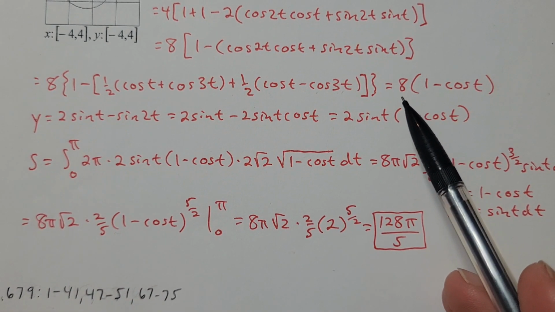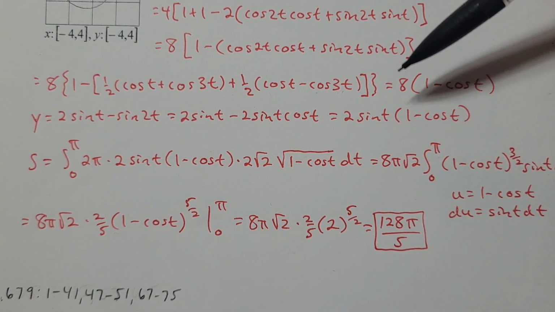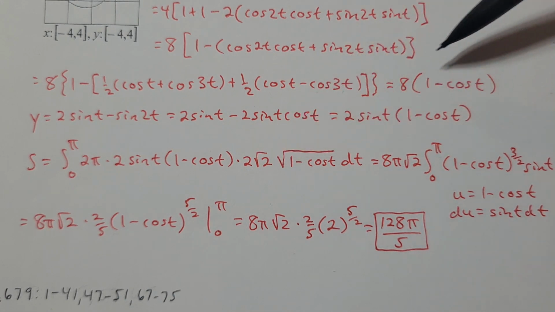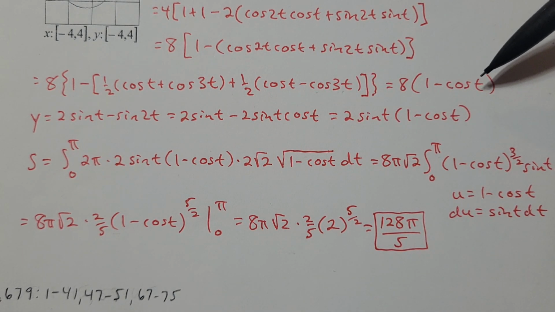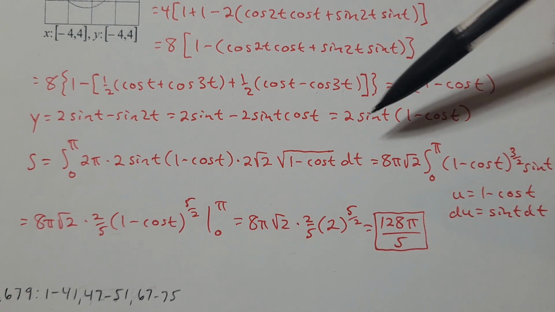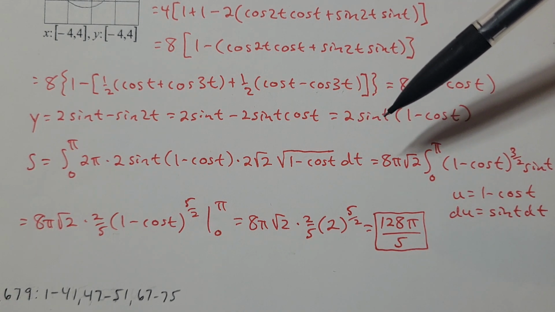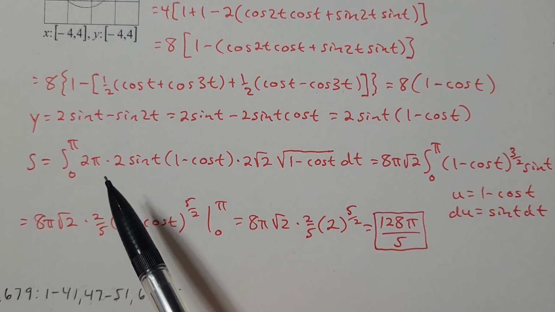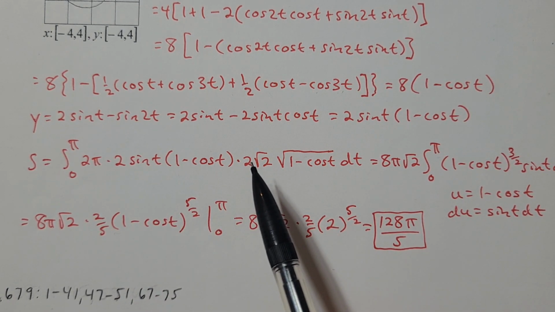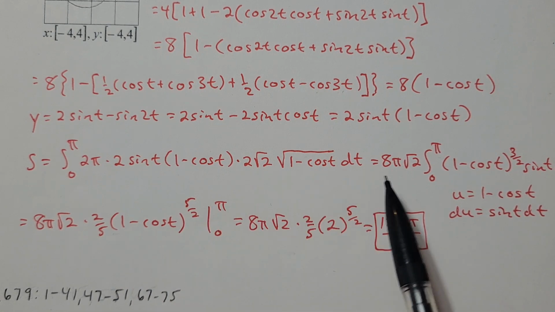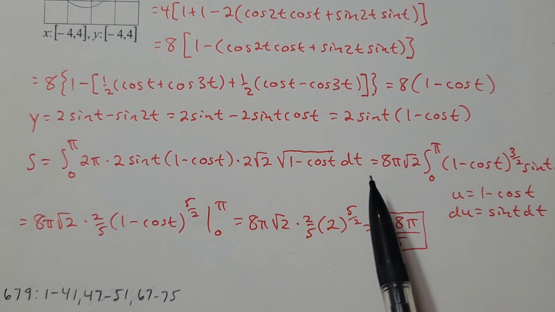So the square root of 8 is 2 root 2. And then I've got the square root of 1 minus cosine t, and then dt. The next thing is, here's 2 times 2 times 2, that's 8 pi root 2. Go ahead and factor that out of the integral.